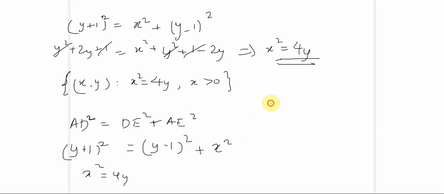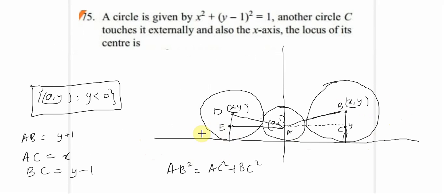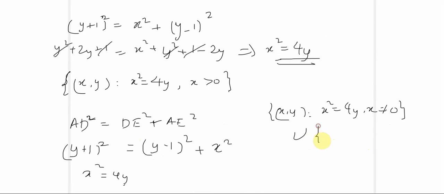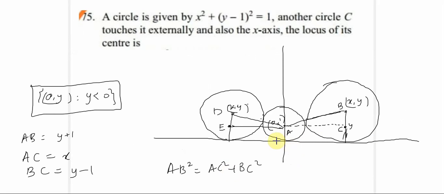So our complete answer is the set of (x, y) with x squared equal to 4y, x not equal to 0, union the circles at the bottom, which are (0, y) with y less than 0. Notice that we are not considering point circles.